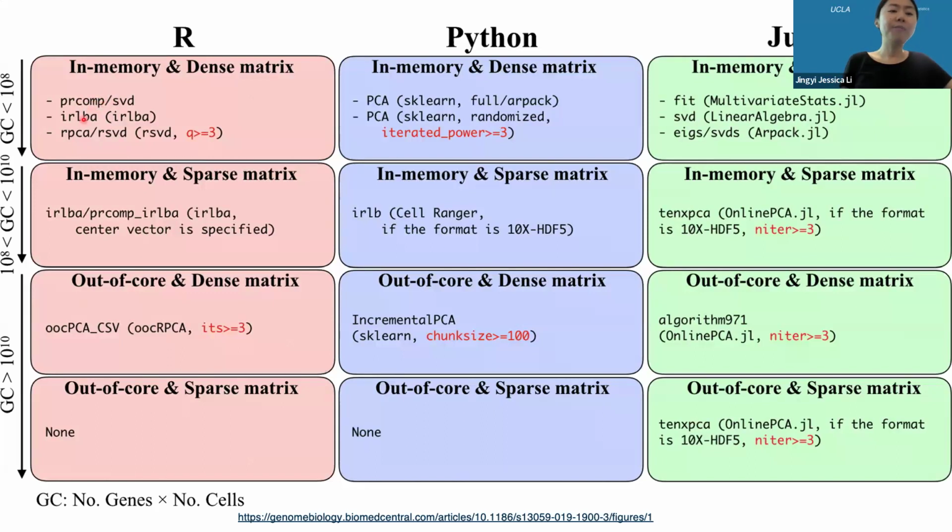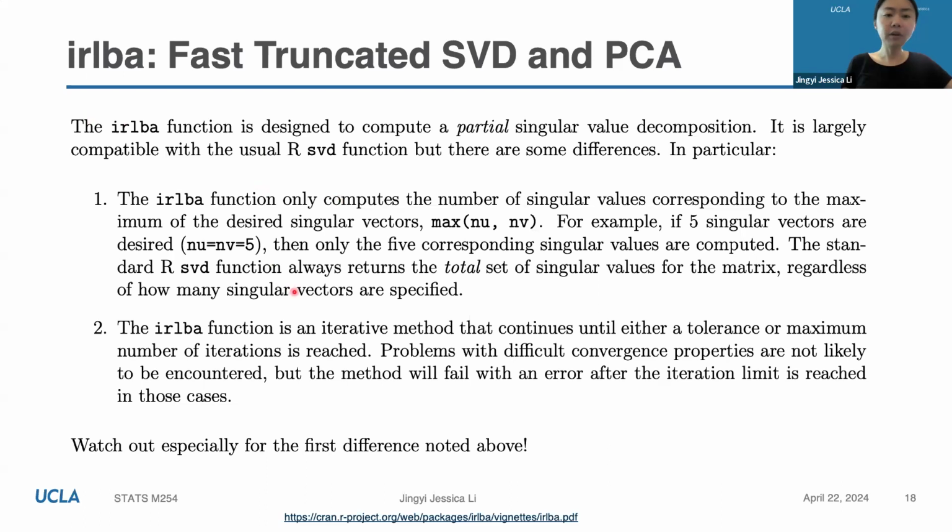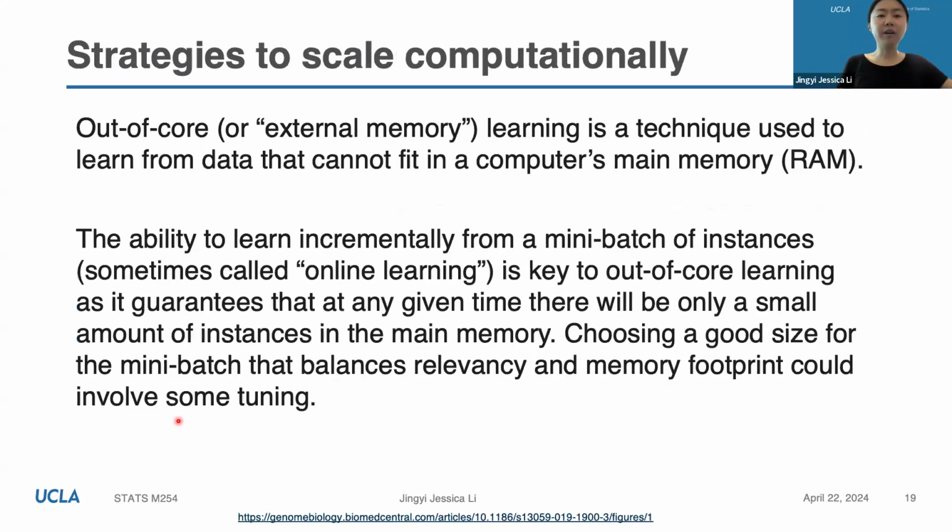But IRLBA is approximate, it's not exact. Problems with difficult convergence properties are not likely to be encountered, but the method will fail with an error after the iteration limit is reached in those cases. So after that many iterations, you still don't have convergence. So this is the IRLBA.